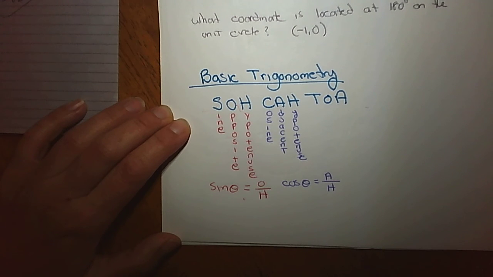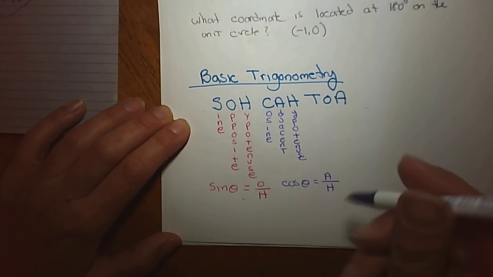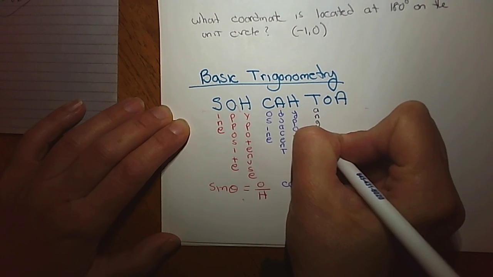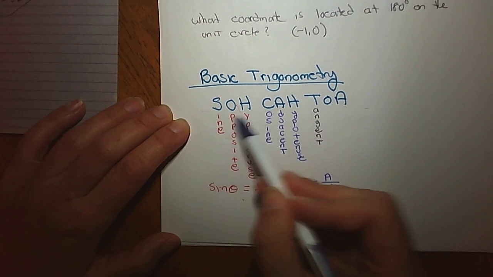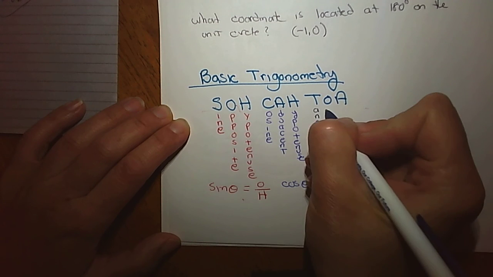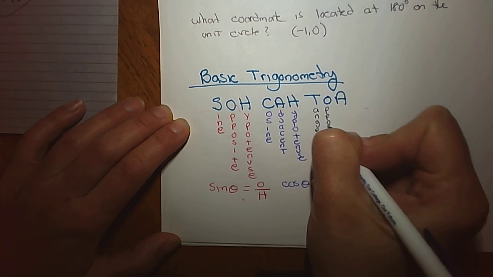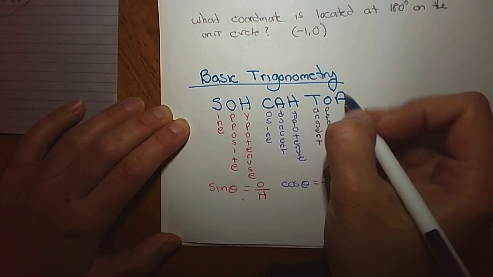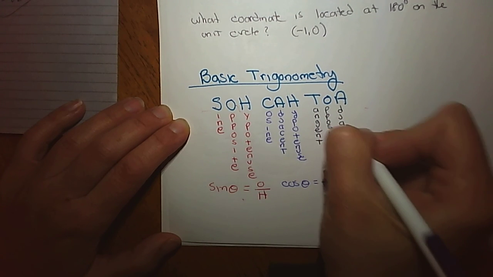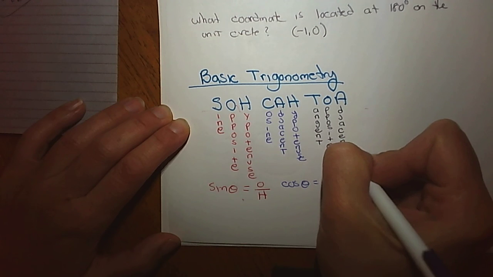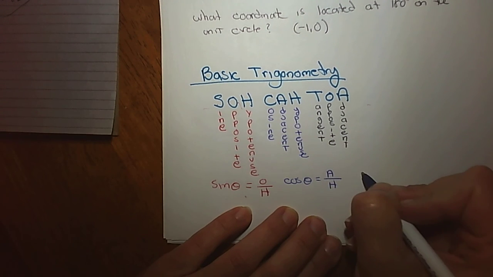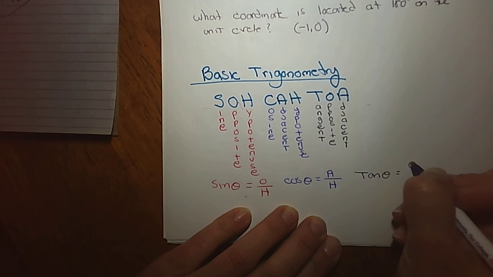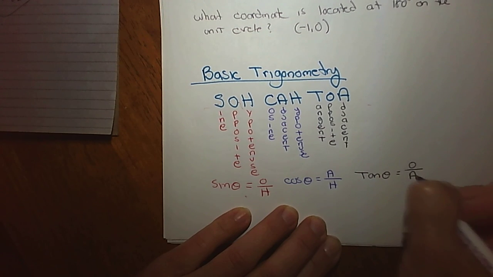And finally, TOA, T stands for tangent. Now, what did O stand for earlier? Opposite, so it still stands for opposite. And A stands for adjacent. So when we do tangent later on, tangent of an angle is going to stand for opposite over adjacent.